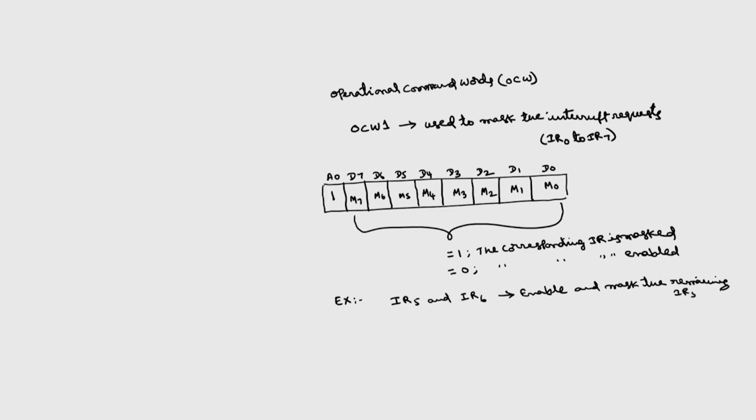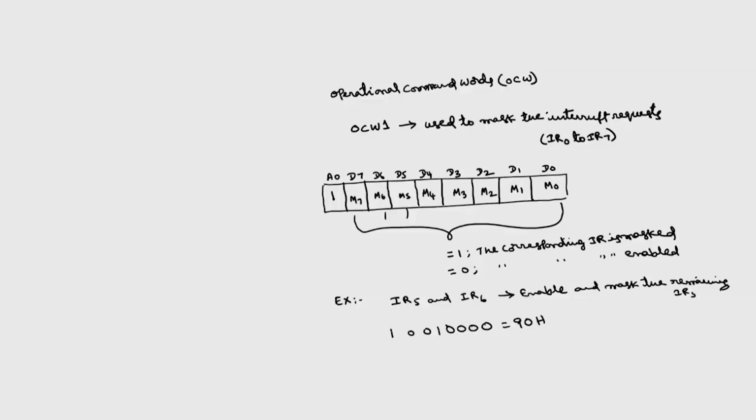Then what is the OCW1? IR5 corresponds to this, IR6 corresponds to this. So these 2 bits should be 0, and the remaining should all be 1s. 1, 0, 0, 1, then all zeros. This will be 90H. If I load 90H into operational command word register 1, then IR5 and IR6 will be enabled, whereas all the remaining will be masked.